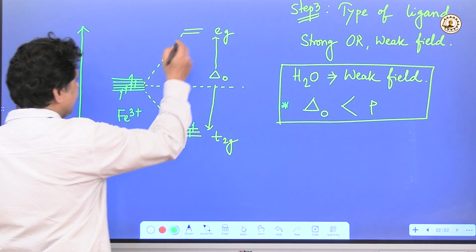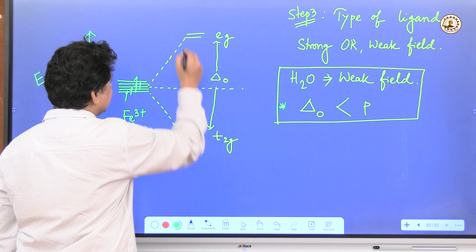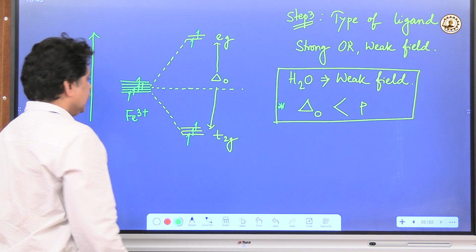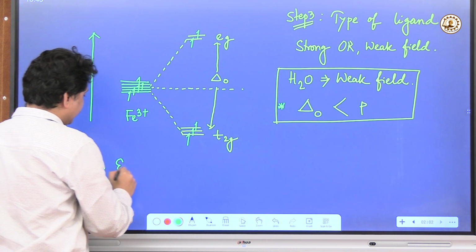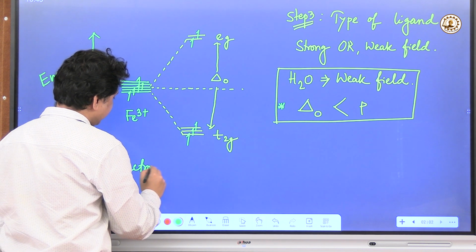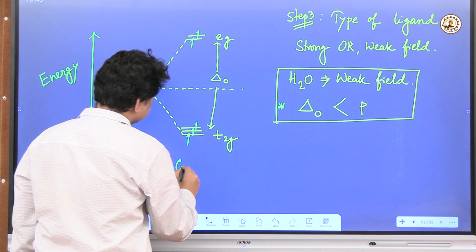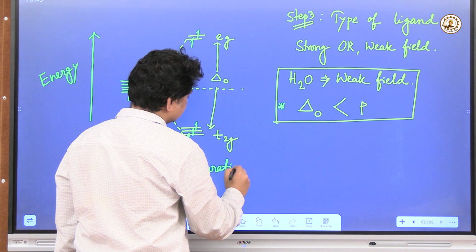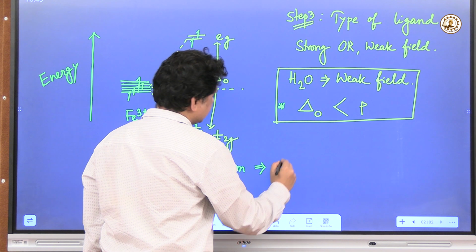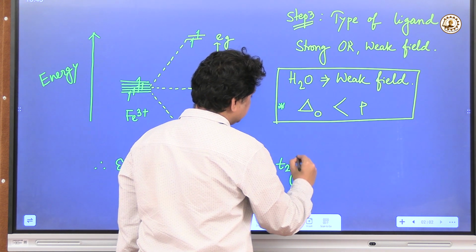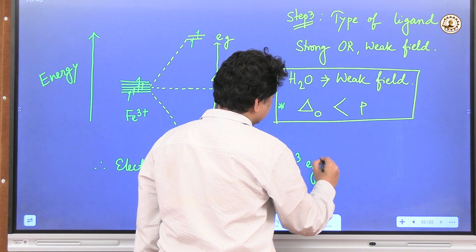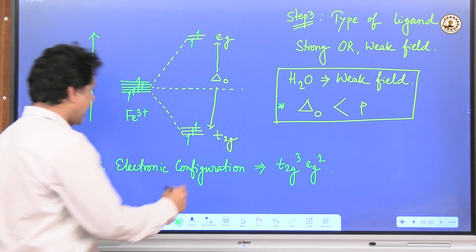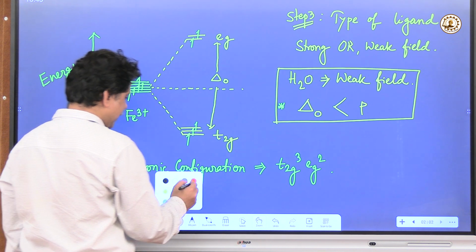Rather, they will move into the eg orbitals. Therefore, the electronic configuration finally becomes t2g3 eg2, and this is our crystal field splitting diagram for the given complex.